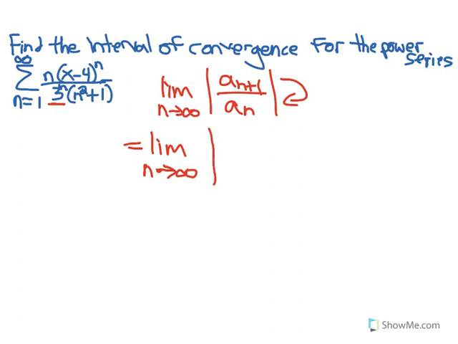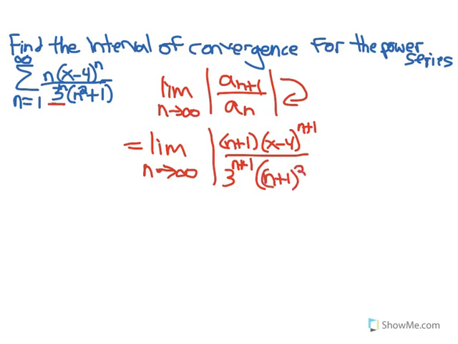So I'm going to write my a_(n+1) term first. So instead of n times (x minus 4) to the n, it's going to be (n plus 1) times (x minus 4) to the n plus 1, over 3, instead of to the n, it's to the n plus 1, times (n plus 1) squared plus 1.